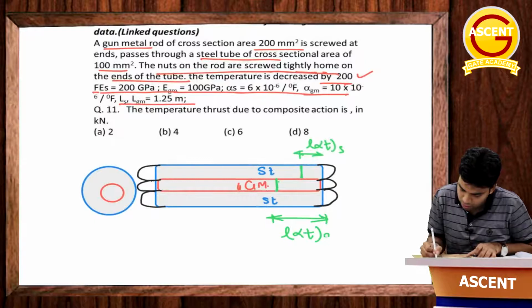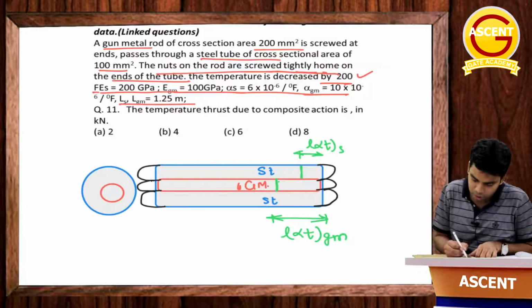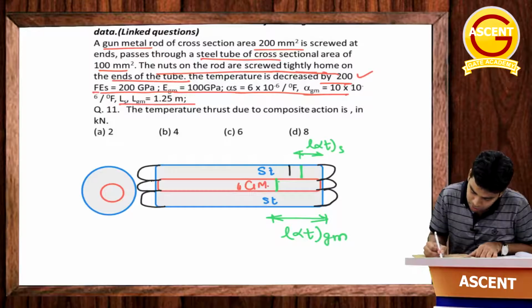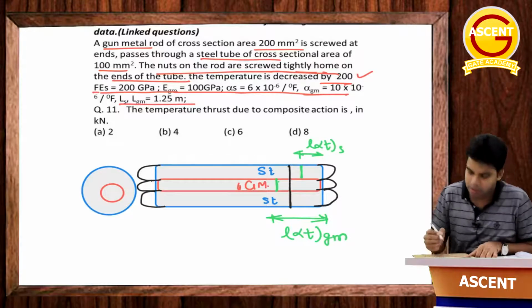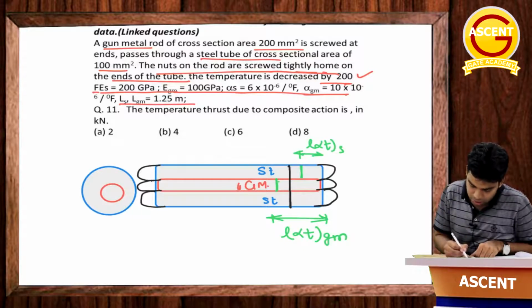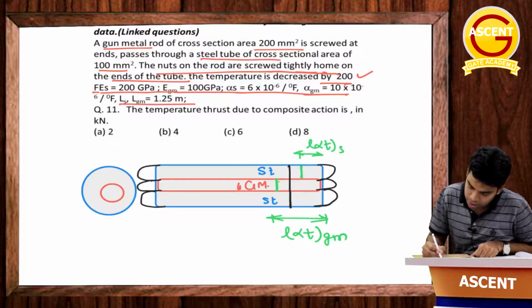Where this length is nothing but L alpha T of steel and this length is nothing but L alpha T of gunmetal. Okay, but क्योंकि दोनों को हमने tightly held करके रखा है, then obviously दोनों की जो final position होगी that would be this. And because there is a final position, obviously there will be a compression in the steel.